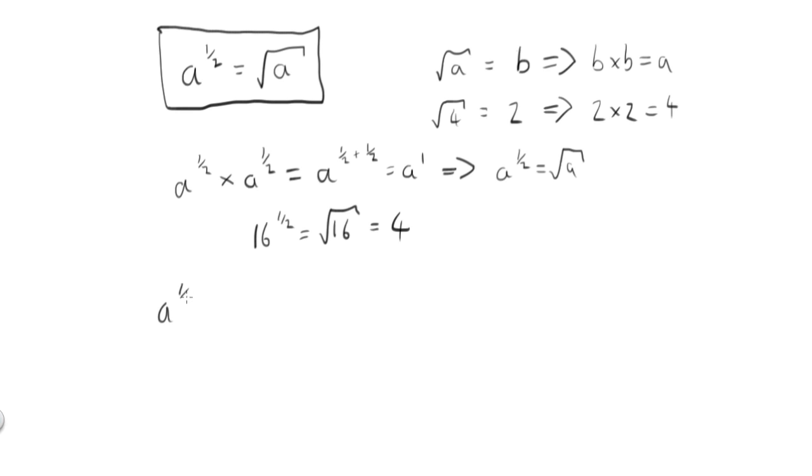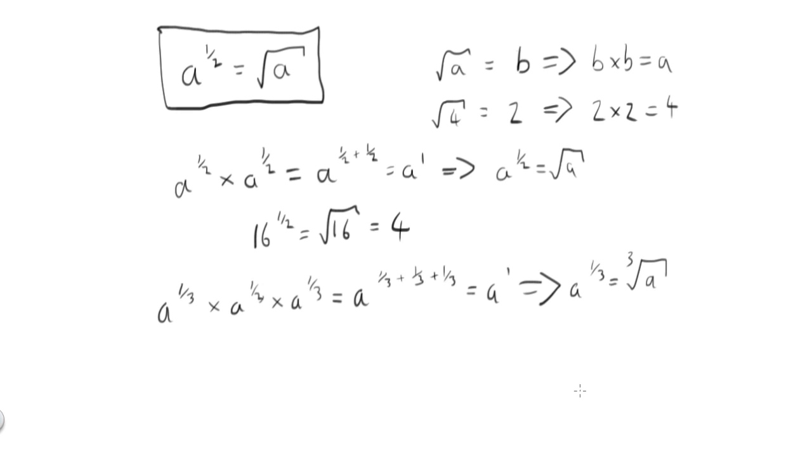You can extend that. What about a to the power a third multiplied by a to the power a third multiplied by a to the power a third? If we use the first law of exponents, that's a to the power a third plus a third plus a third, and again, that's equal to a to the power 1. That implies that a to the power a third is what we call the cube root of a.